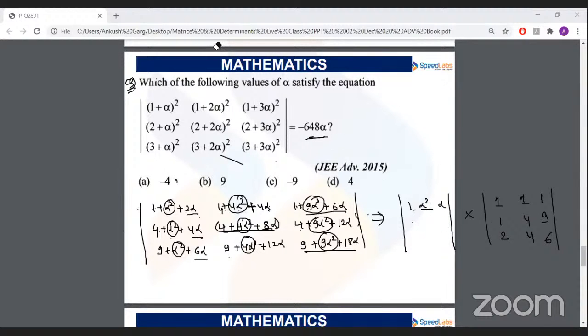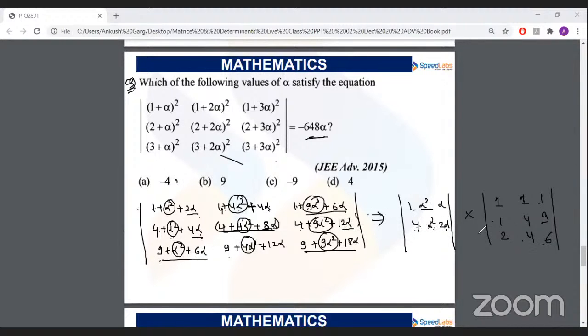Basically, if I take this as 4, alpha square and 2 alpha, so can you see I'll get the first element, that is 4 into 1 is 4, alpha square into alpha square, 2 alpha into 2 is 4 alpha. Then this into this: 4 into 1 is 4, alpha square into 4 is 4 alpha square, 2 alpha into 4 will be 8 alpha. 4 into 1 is 4, alpha square into 9 is 9 alpha square, 2 alpha into 6 is 12 alpha. Great, I am getting the same thing.